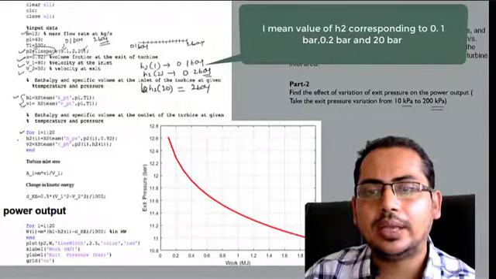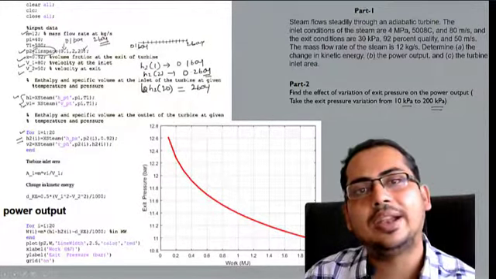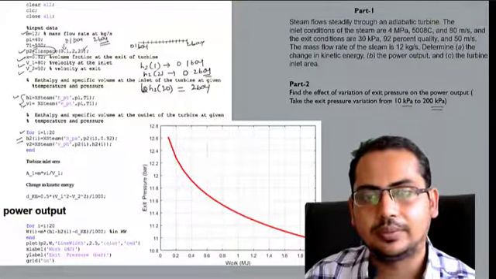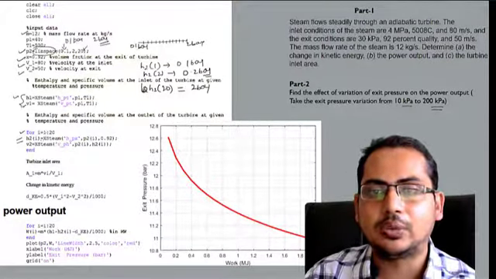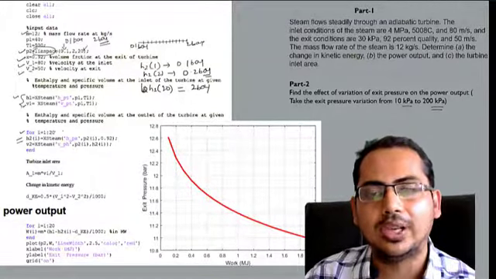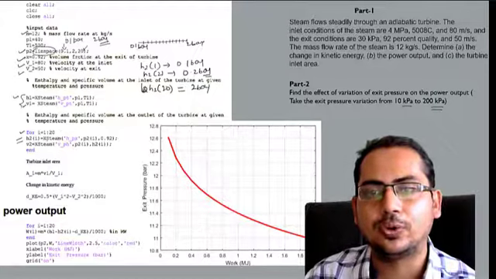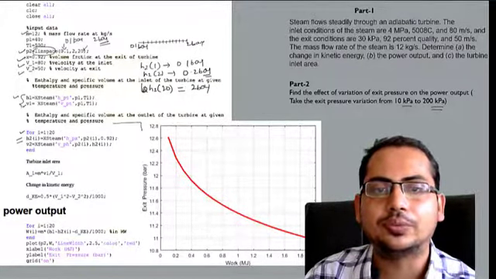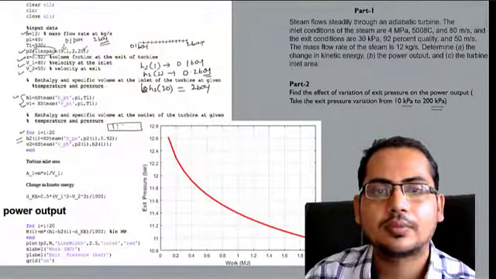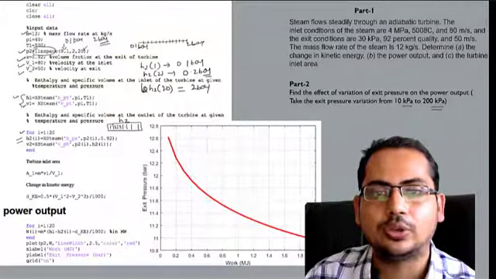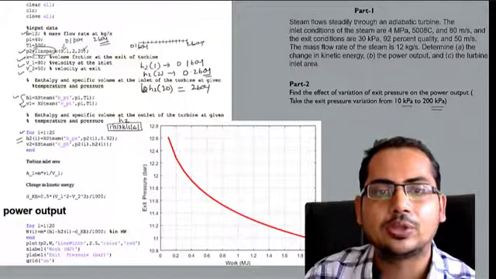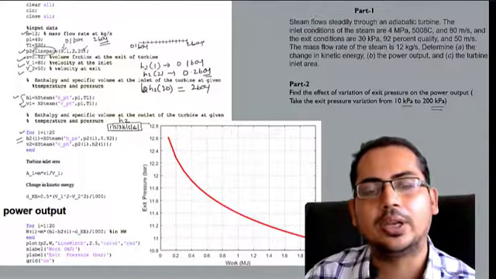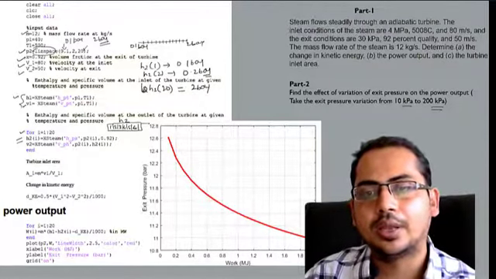So each and every value of H2 at a different pressure you are storing here. When i is equal to 1, H21; when i is equal to 2, H22; when i is equal to 3, H23; when i is equal to 4, H24. These values are stored in the form of an array of H2. Here H21, H22, H23, H24, H25, H26, like that, up to H220, these values are stored.